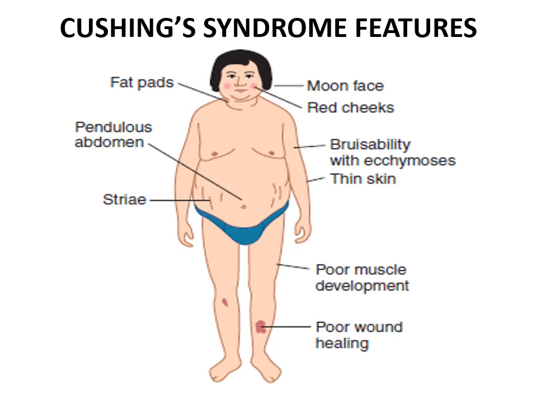Excess glucocorticoid also interferes with central regulatory system, leading to the suppression of gonadotropins with subsequent hypogonadism and amenorrhea. So what are the features of Cushing's syndrome?